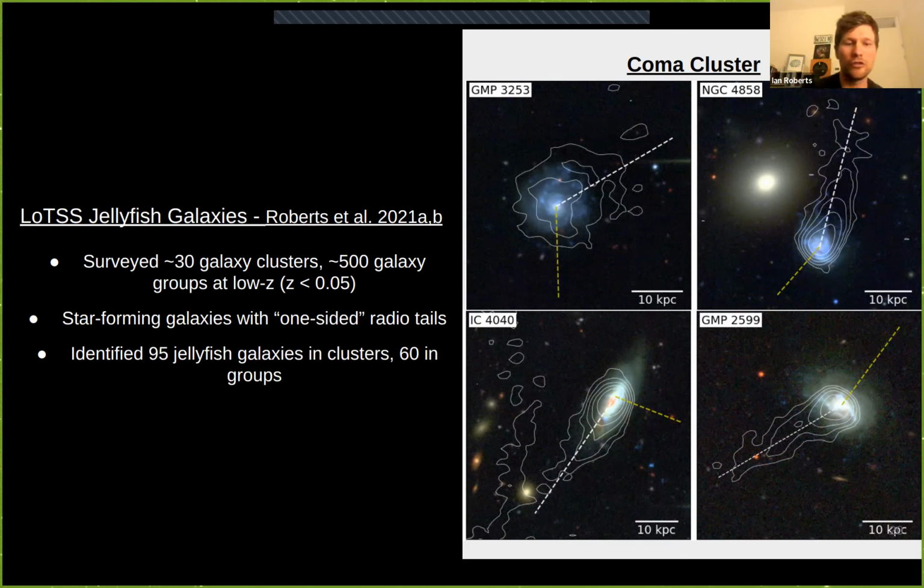This amounted to about 100 of these jellyfish galaxies in clusters and 60 in lower mass galaxy groups, the vast majority of which are new detections. Some, in particular in clusters like Coma, had been previously identified as jellyfish galaxies from other wavelengths, but the vast majority of these objects are new detections.